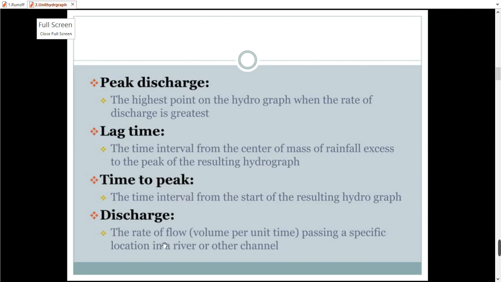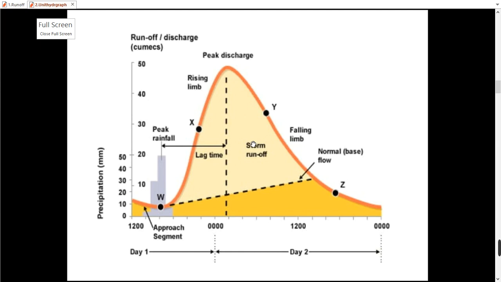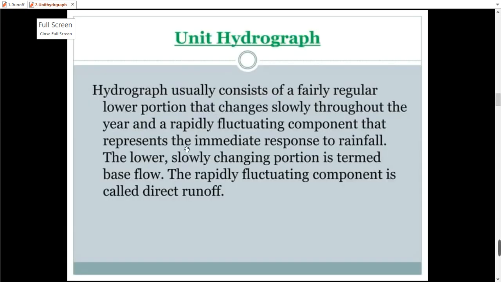The discharge is the rate of flow, the volume per unit time passing a specific location in a river or other channel. So this is the unit graph with each part marked: falling limb, normal flow, base flow, and approach segment, right? So these are the definitions.